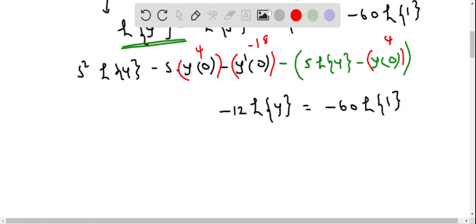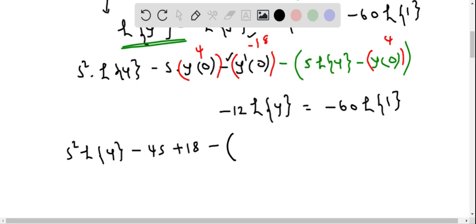So let's simplify by substituting the initial conditions. This is s squared times the Laplace transform of y, minus 4 times s, so negative 4s, and then negative negative 18. We already have a negative here, so negative times negative 18 is positive 18. Then we have this bracket, s times the Laplace transform of y minus 4.